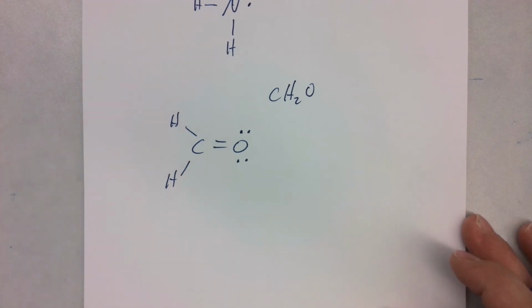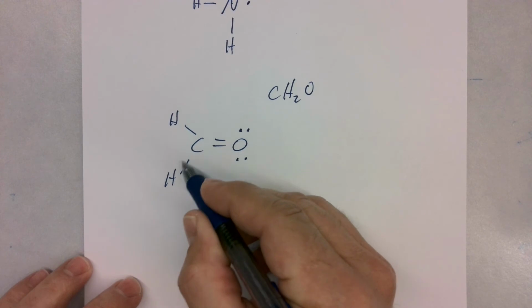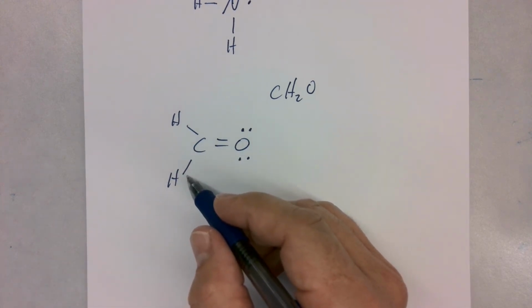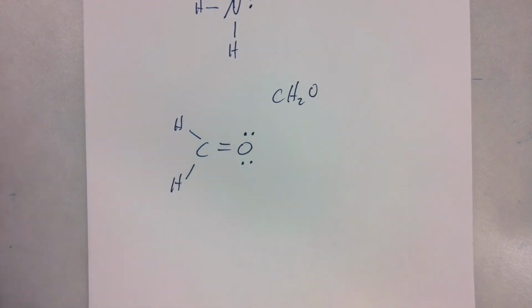Now, there's two kinds of questions it can ask me here. It can ask me about bond polarity, or it can ask me about what? Molecular polarity. Okay, so let's do them both. So, is the CH bond polar? Well, I know that carbon is, we already know hydrogen. What's hydrogen?